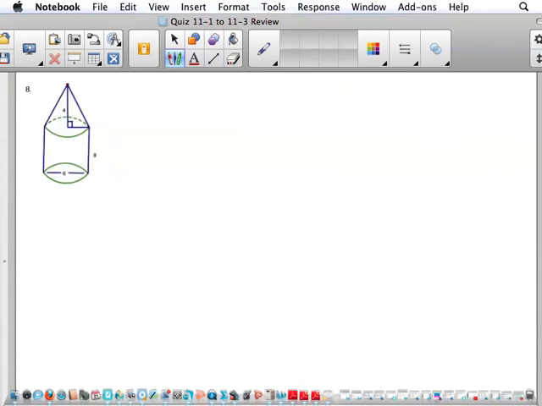Okay. Number 8, okay, now remember, this is a solid. You have a cylinder with a cone on top. You can't touch that region between the cylinder and the cone. It's one solid piece. So when you look at this piece to find the lateral area for this solid would be the lateral area of the cylinder plus the lateral area of the cone.